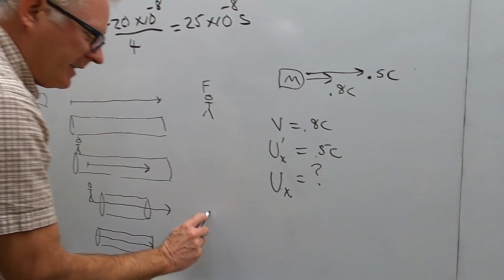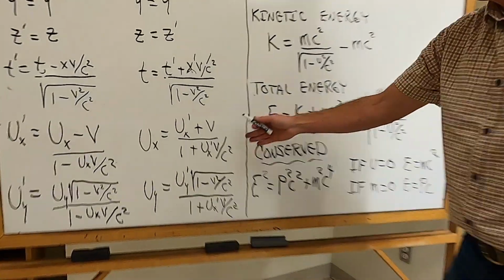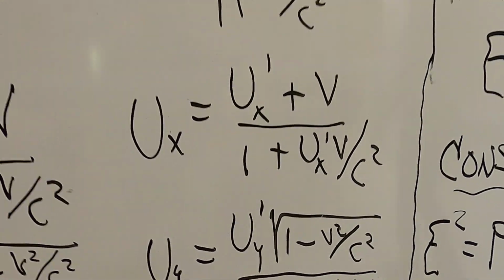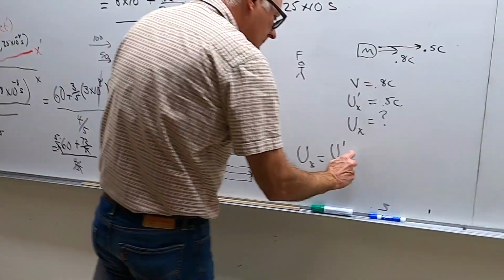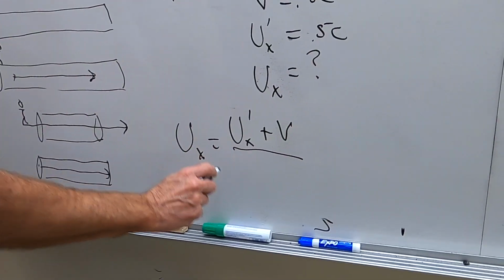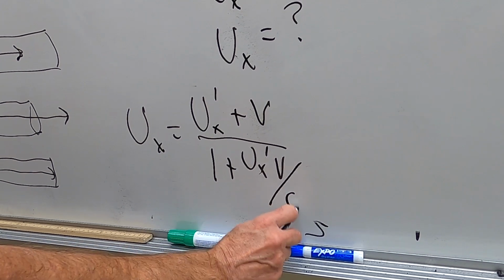Okay, so plugging it in, we get ux is equal to, again, there's our formula right here, ux prime plus v, all over 1 plus ux prime v all over c squared.